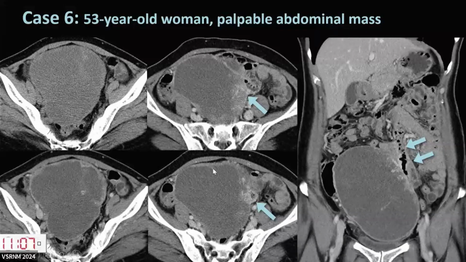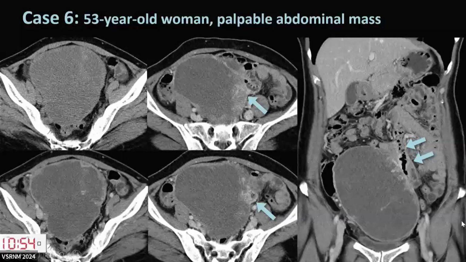And here we can see that the large mass is connecting to the small intestine. This one is a jejunal loop. Okay. So a very large tumor at the lower abdomen, growing outside, and this does not cause intestinal obstruction.